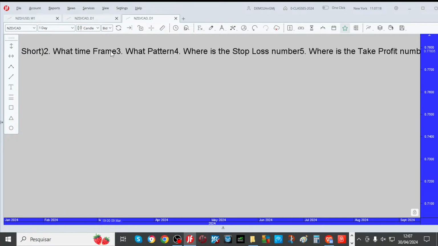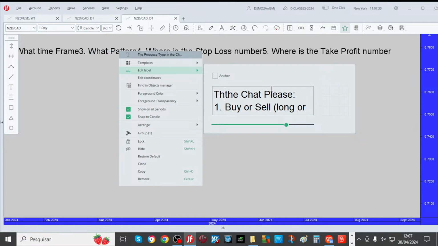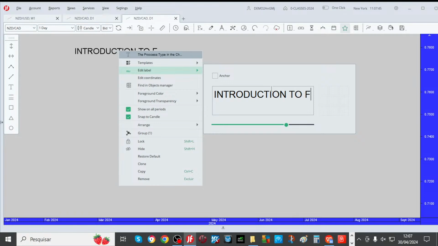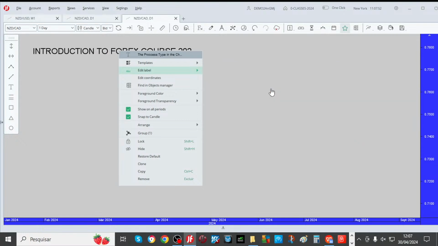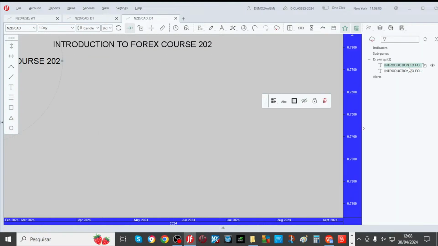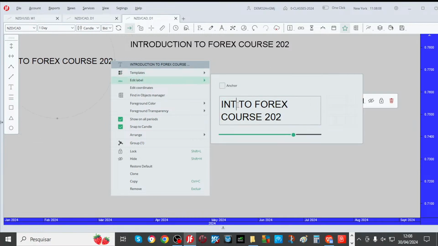Let's edit the label. It should be new feature. Introduction to Forex course 202.